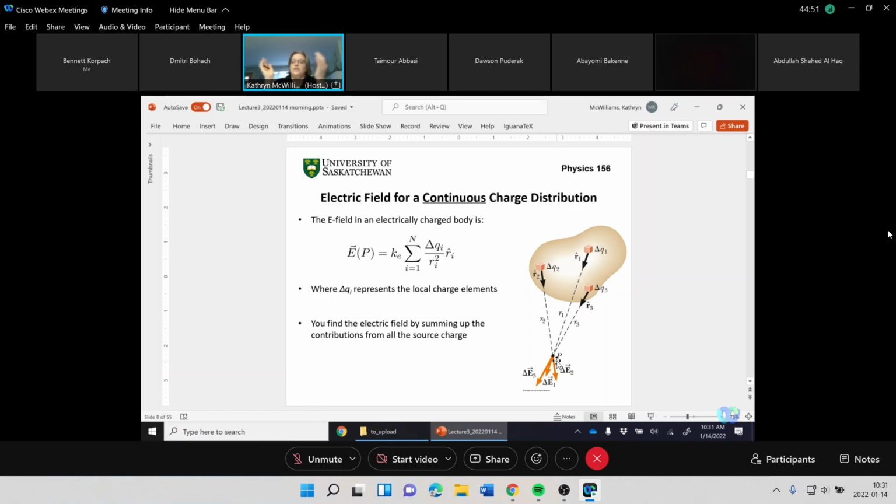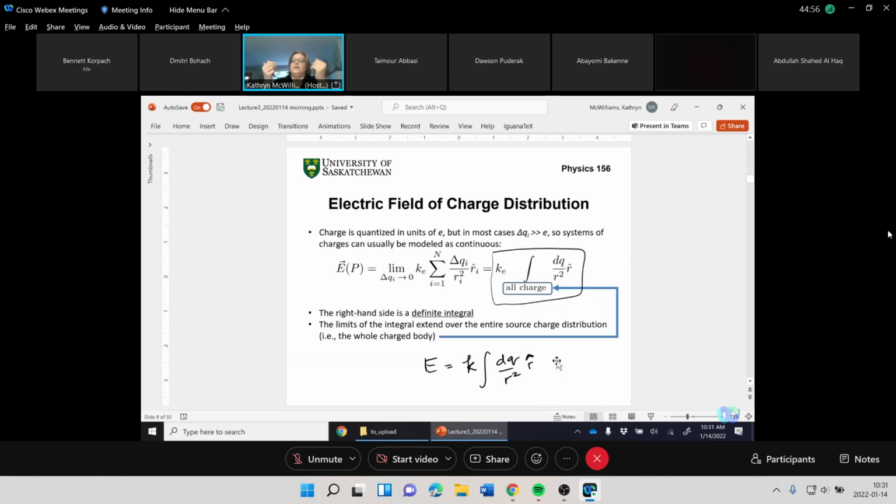And because we're moving to this continuous format, we're likely going to be able to start defining the electric field everywhere using functions. So we can figure out what our charge source looks like and then integrate over that and then get a function that tells us how the electric field looks in a larger region. So we're moving to a little bit more complex way of figuring out the electric field here. Oops, I should put a vector on there.